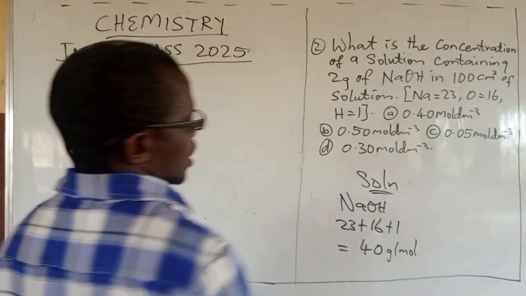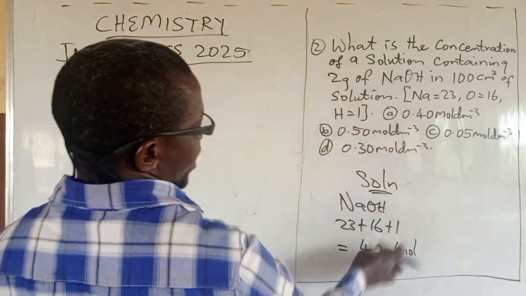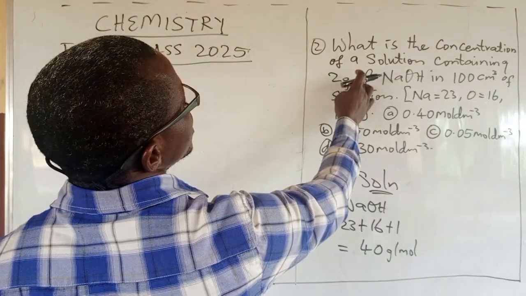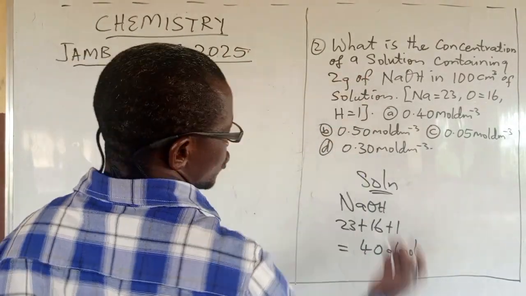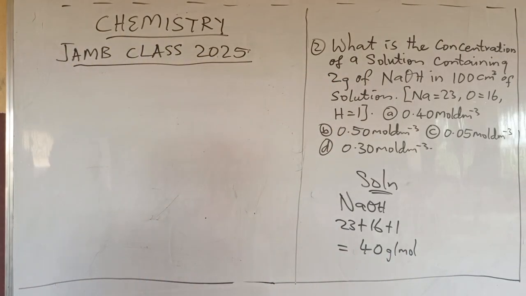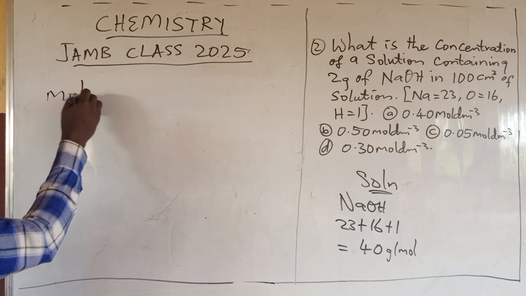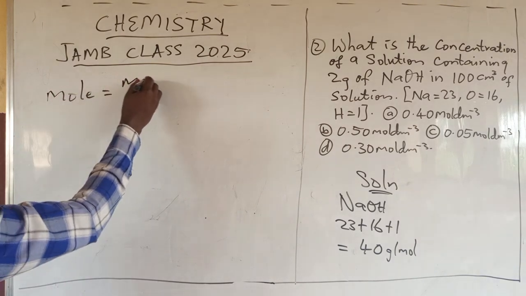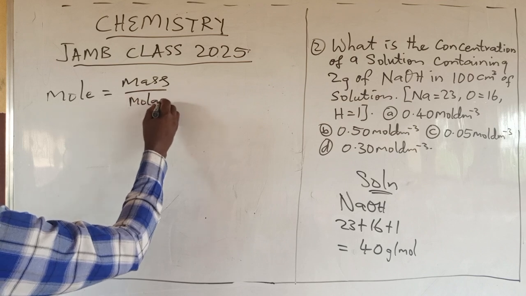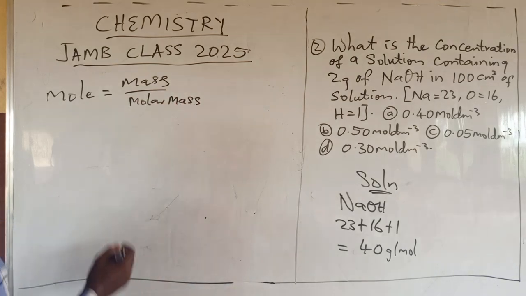Now use this volume. Divide this by this to get mole. What they are giving you is in gram. Take it to mole by dividing this by this. And that will be mole equal to mass over molar mass, which is that value.